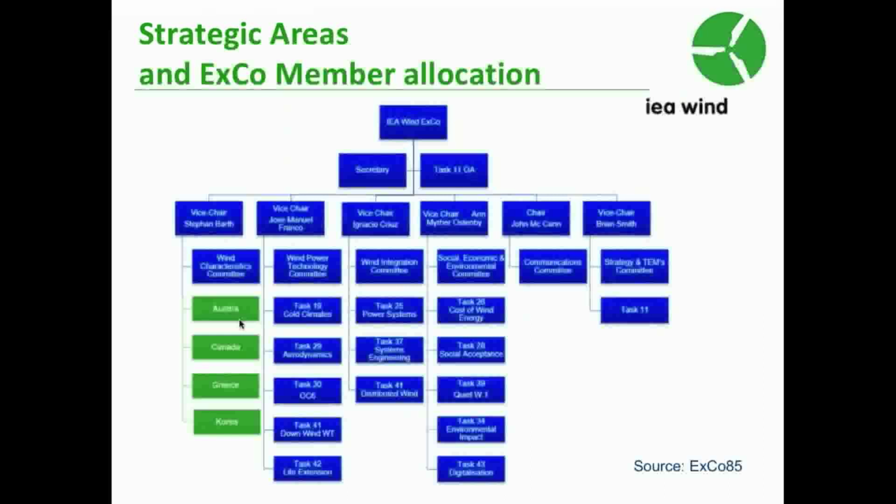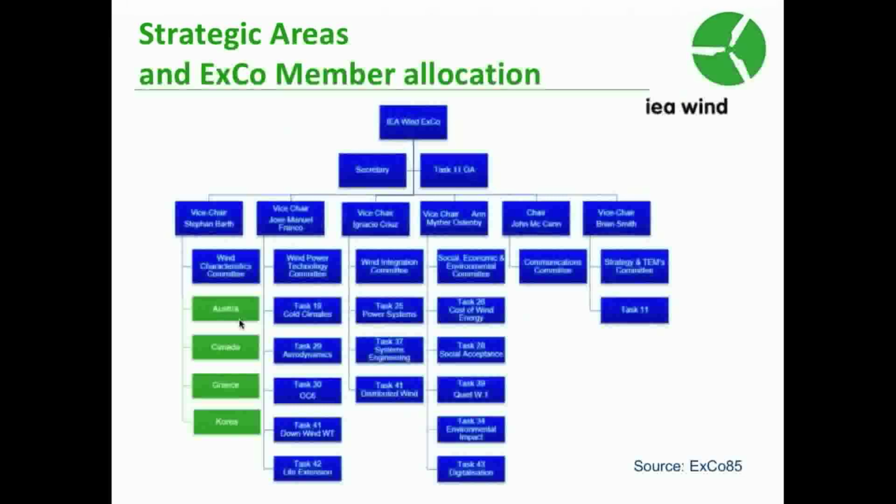And we also have a committee from the EXCO that is overseeing what we do, which is composed of representatives from these countries. This is nothing but a subset of the EXCO that will have a more careful supervision of what we do. And we can, of course, ask them for some advice and so on.